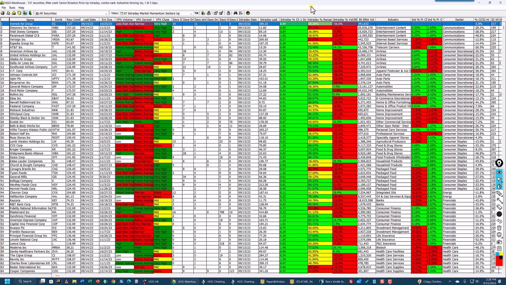Anyway, I wanted to give you this little tutorial, and give it a try if you're using the product. It just gives us a great insight into where the strength and weakness is within the spider sectors.